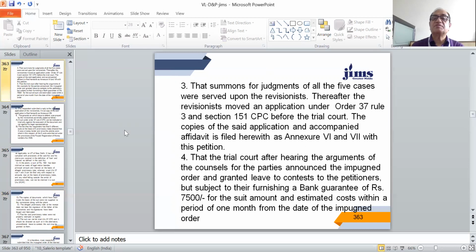Para 3, that the summons for judgment of all the 5 cases were served upon the revisionists. Thereafter, the revisionists moved an application under Order 37 Rule 3 and Section 151 CPC before the trial court. The copies of the said application and accompanying affidavits are filed herewith as Annexure 6 and 7 with this petition.